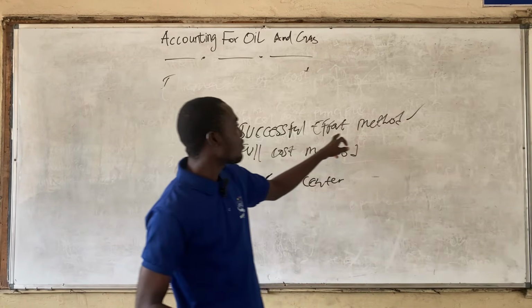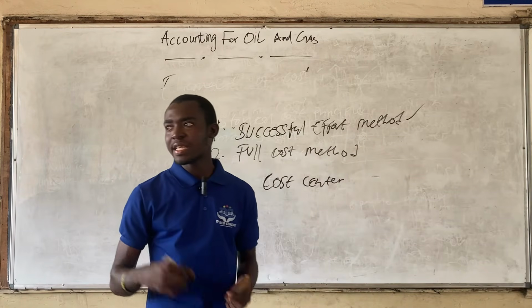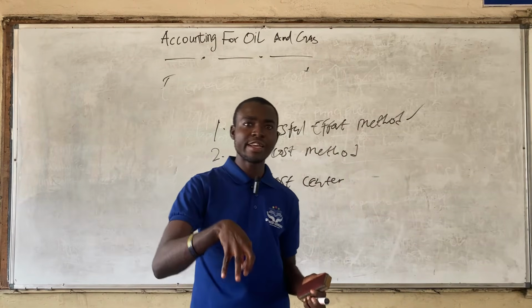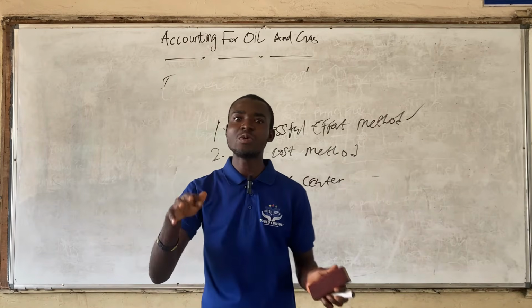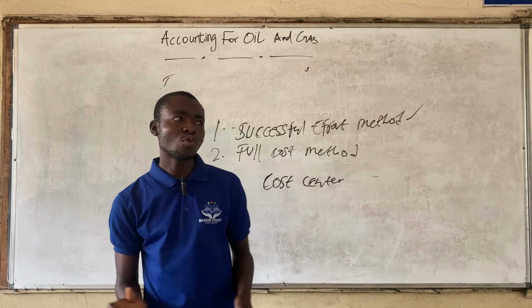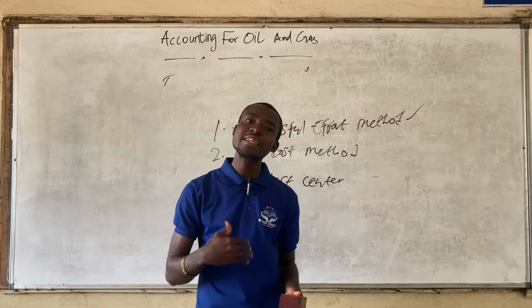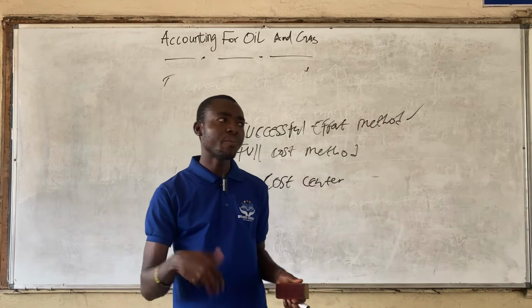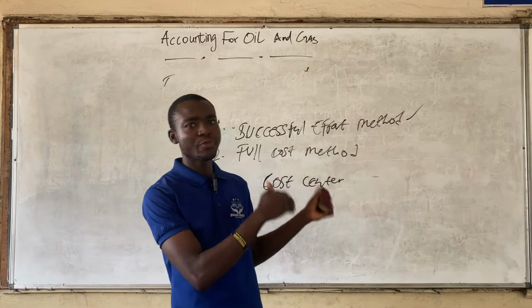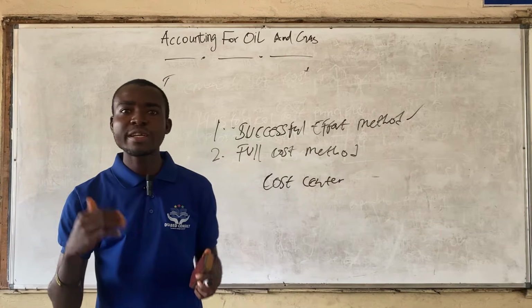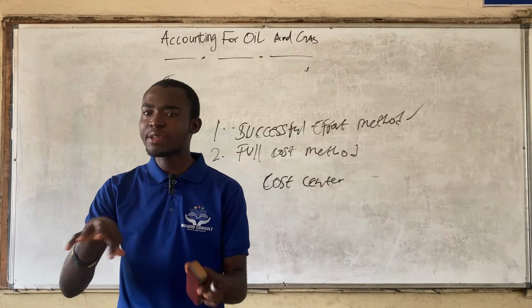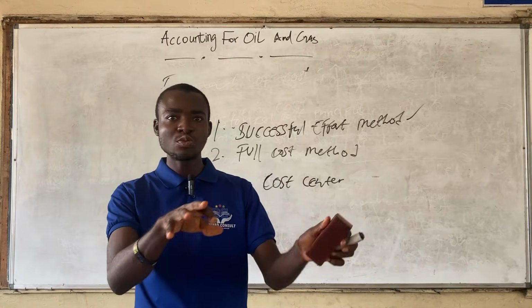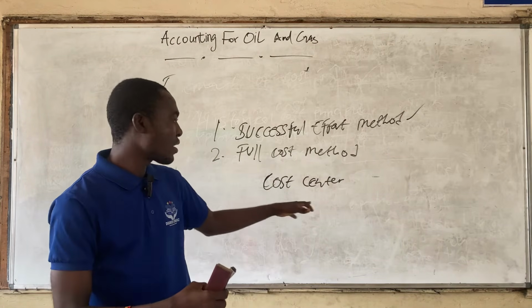So under successful effort method, cost center is basically the reserve or the field in which the organization is operating. For example, in case an organization is operating in the Western region, those particular expenses that relate to those particular activities will be recognized.